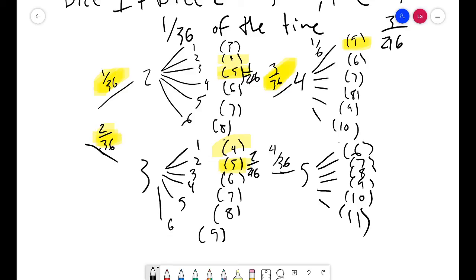Now, of course, it gets pretty messy here. Messier than we can really do in this particular format very well.